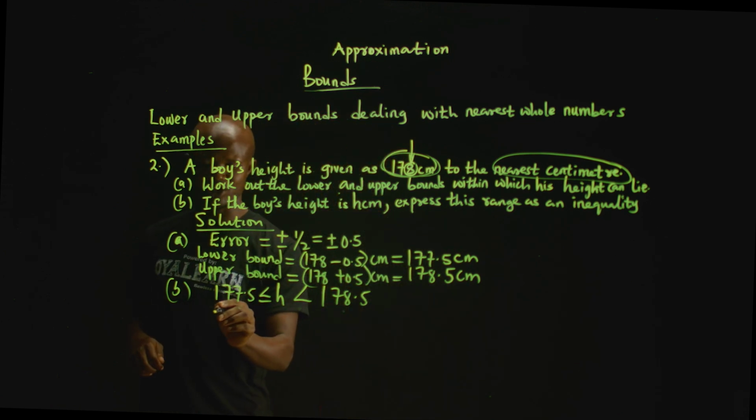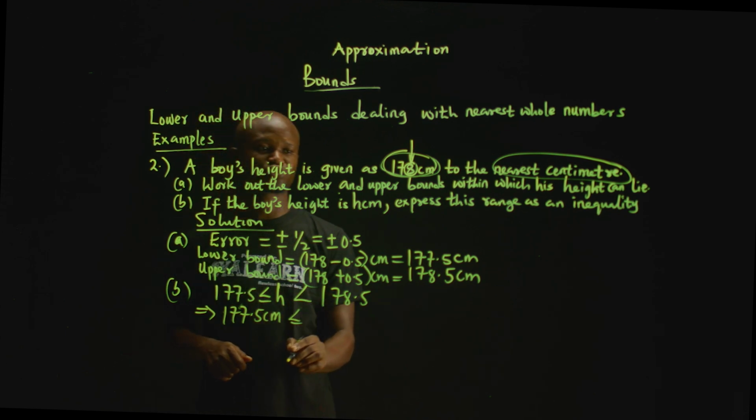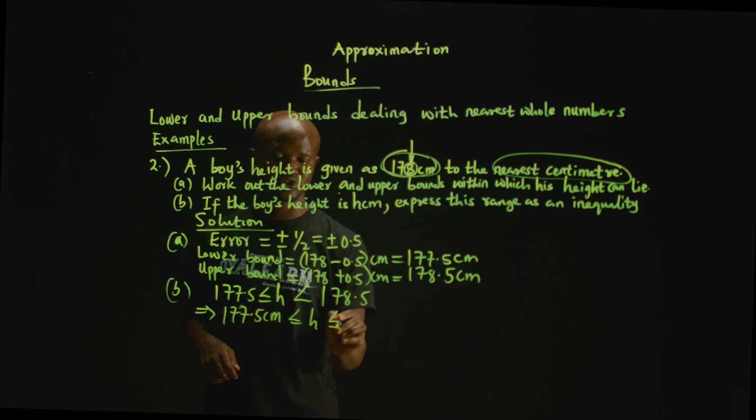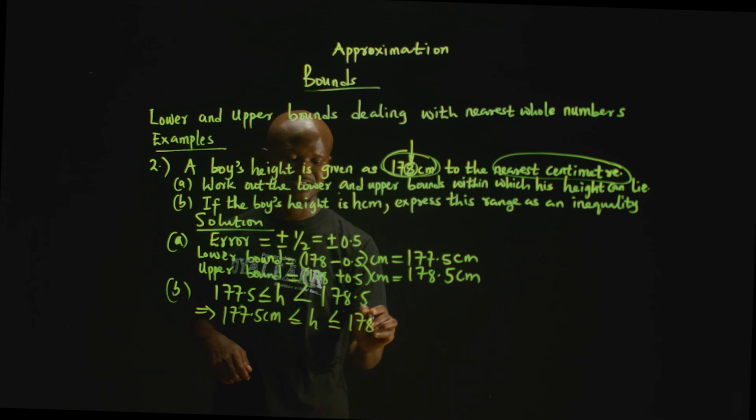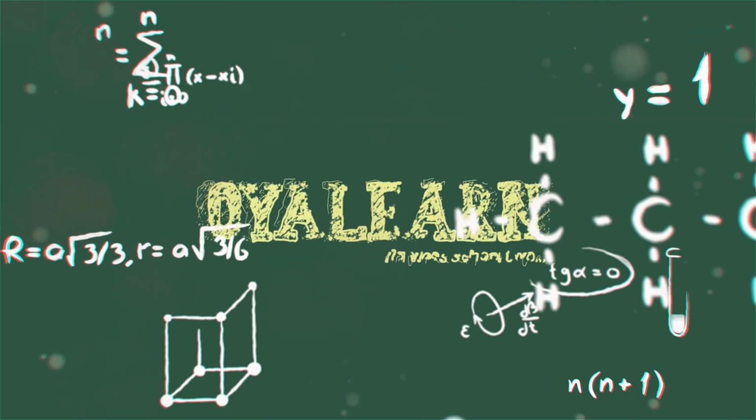So we can express this further, if you want to put the unit, as 177.5 centimeter less than or equal to h, less than 178.5 centimeter. That is the solution to the problem. Thank you.